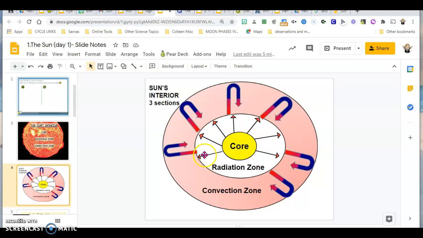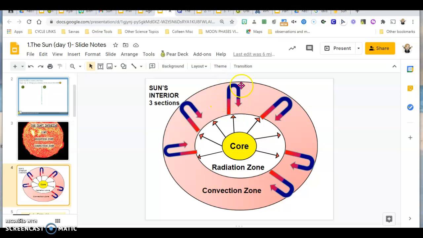Radiate means to move outward. Convection is another process where hotter materials are less dense, so they rise up. They cool off at the top of the convection zone and they become more dense. When they're more dense, they're heavier and they fall back down. And it creates these circulation movements, this bubbling effect, almost like water that's boiling.